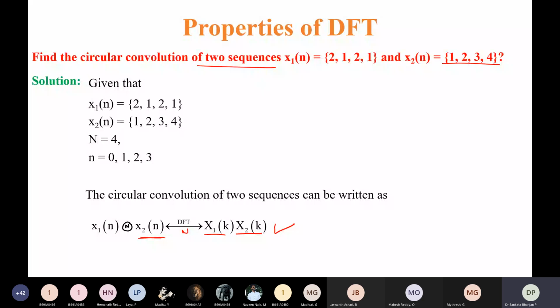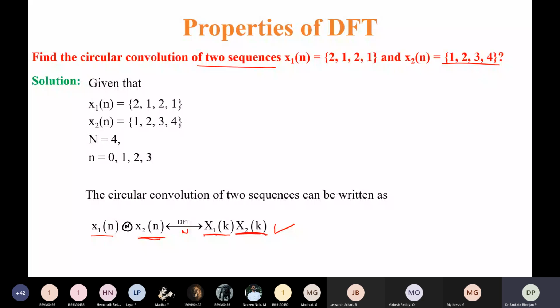So what is this property? X1 of n is given, x2 of n is given. First you have to find X1 of k, then X2 of k, because then you have to multiply them. After the product, whatever value we get is the third DFT, that is X3 of k.